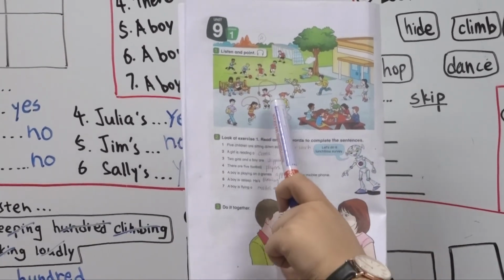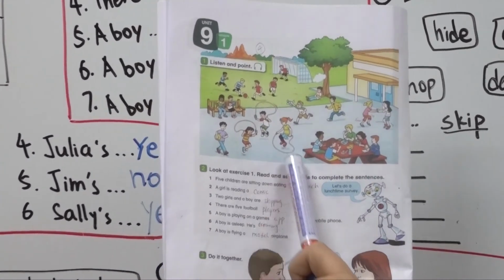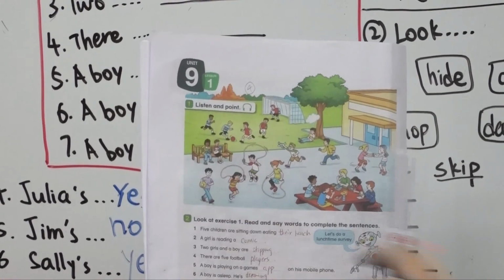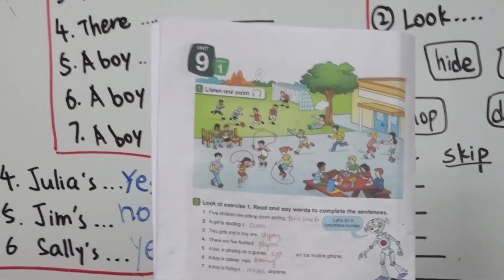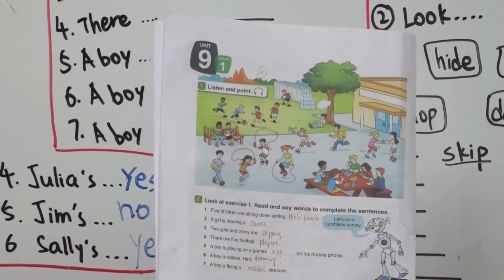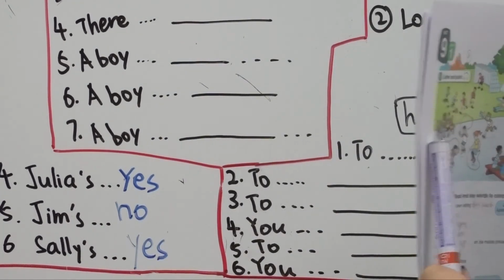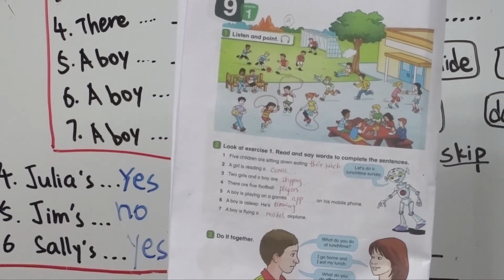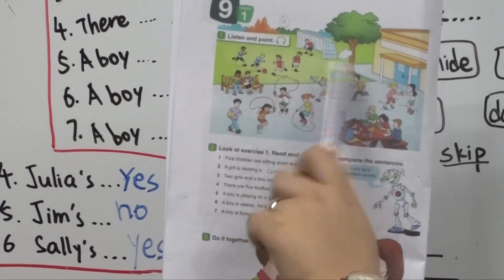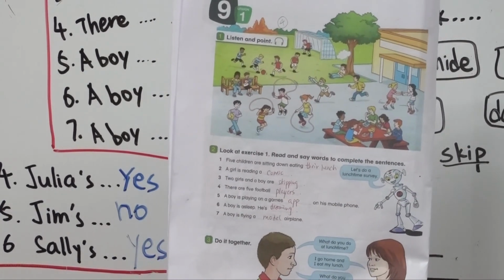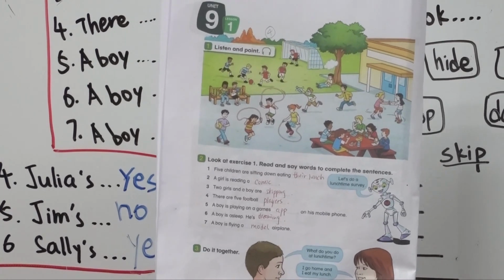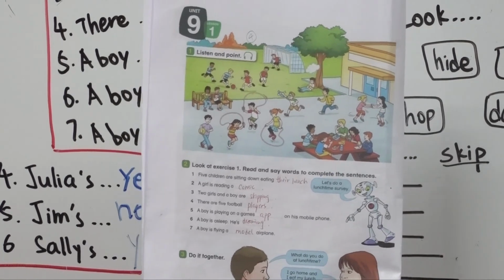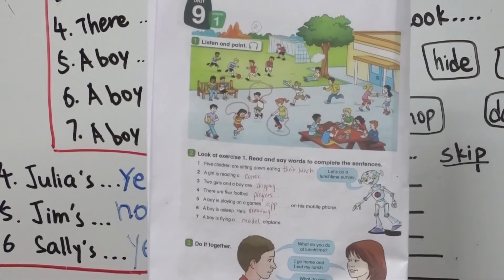And 1 boy and 2 girls are skipping, and there are 5 football players playing football. The girl is reading a comic, and the boy next to the girl is playing a game on his mobile phone. And the boy under the tree, that is asleep, he is dreaming, right? So this is what it is all about.